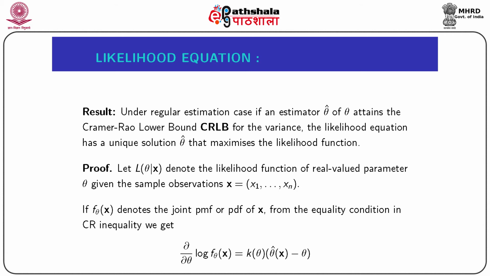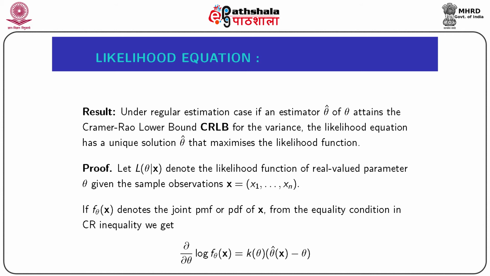As a proof, let L(theta) denote the likelihood function of the real valued parameter theta given the sample observations x = (x1, x2, ..., xn). Now, if f_theta(x) denotes the joint PMF or PDF of the sample observation vector x, from the equality condition in the Cramer-Rao inequality, we get that the partial first order derivative of log f_theta(x) with respect to theta is equal to some function k(theta) times (theta hat minus theta).